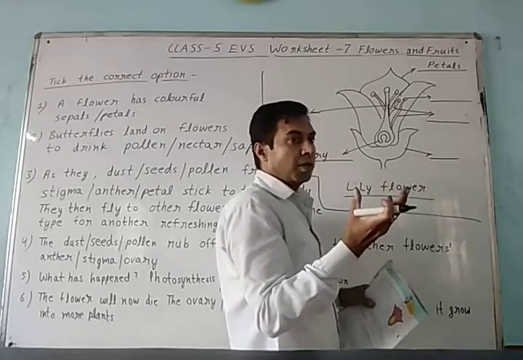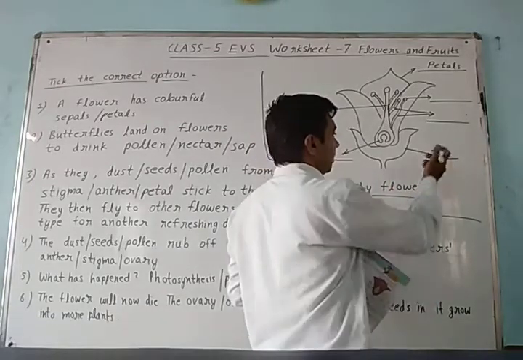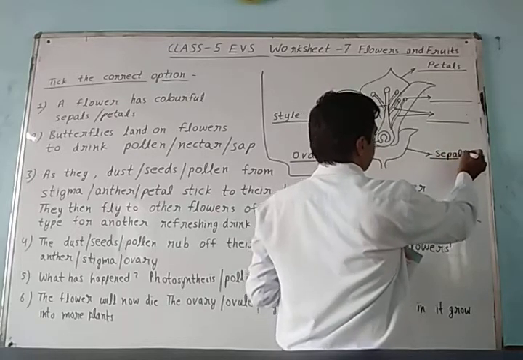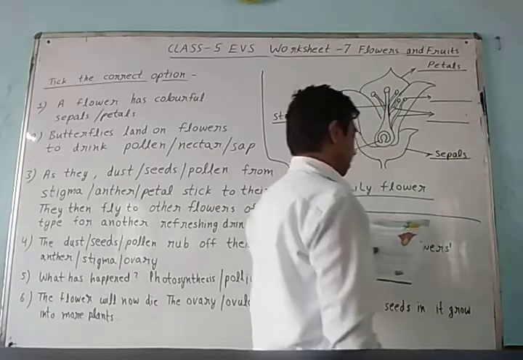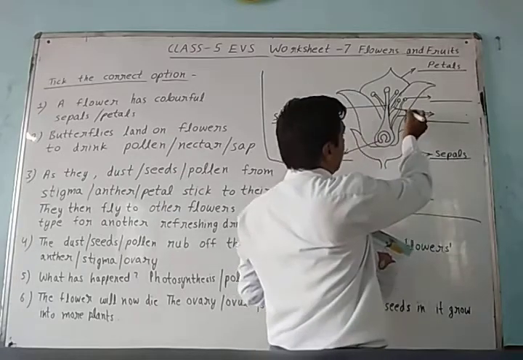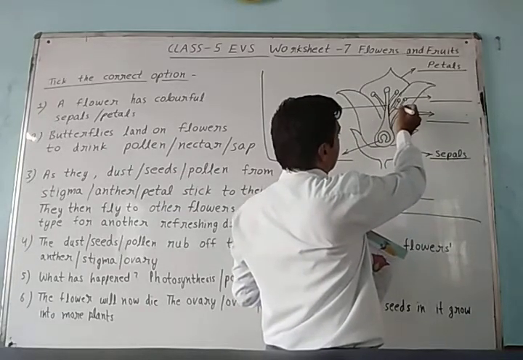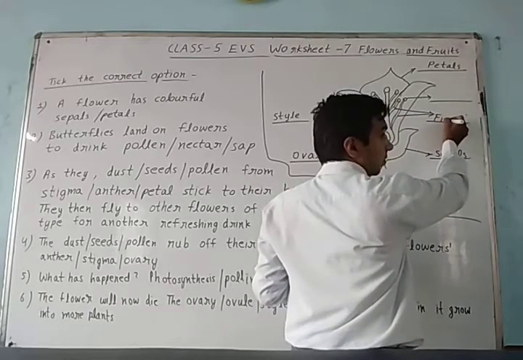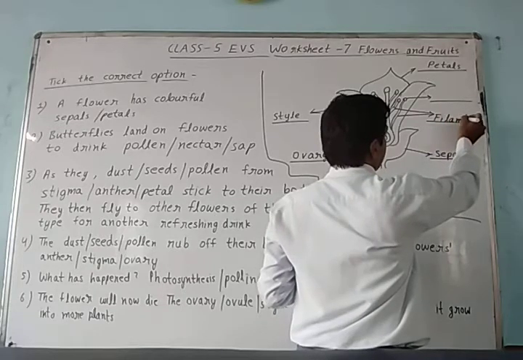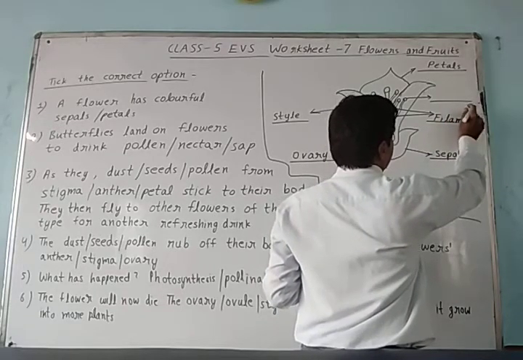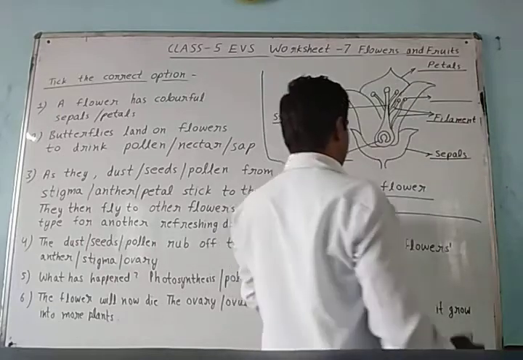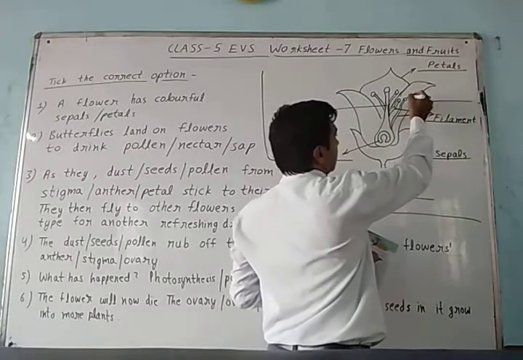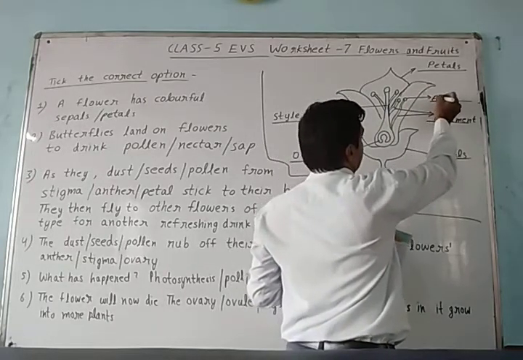Now this green part on the flower is sepals. See, students, these tube-like structures are filaments. And the round portion at the top of the filament is known as anther.